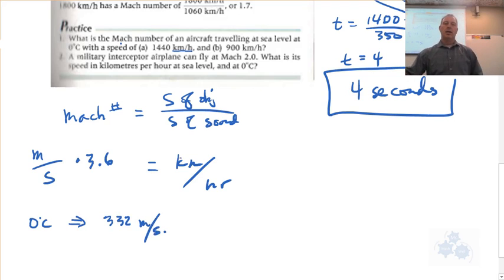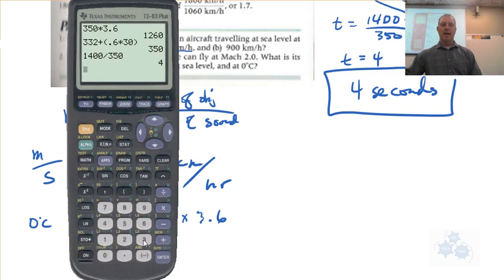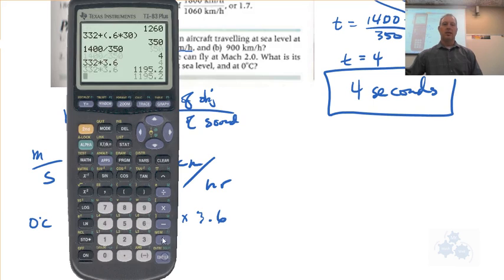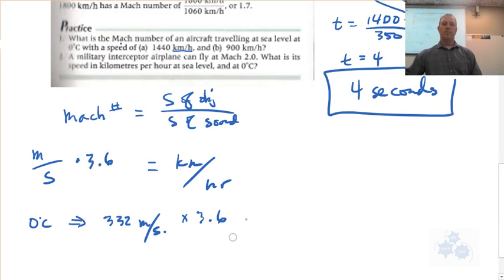Now, if I multiplied that by 3.6, what would I get? 332 times 3.6 would give me 1195.2, and that's going to be kilometers per hour. All right? So I've got 1,440 kilometers per hour. That's the speed of the object. Here's the speed of sound.